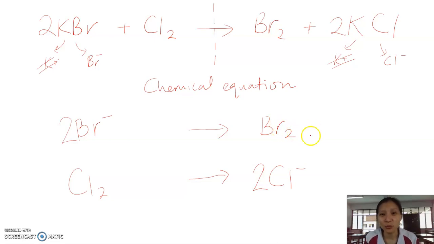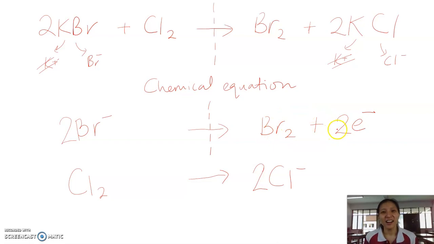The obvious answer would be, I put my e on the right side of the arrow. Why do I do that? So that my left side of the arrow has a total charge of 2 negative, and on the right side, 0 plus negative 2 is also negative 2. So my charges are balanced now. Left side negative 2, right side also negative 2.